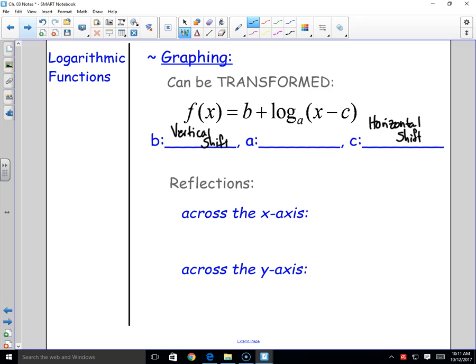A is the base. As the base increases, what was going on as the base increased for exponential? Do you remember? When it changed from like 2 to the x to 5 to the x to 10 to the x, what would happen to that curve? You get steeper. Right, because 2 to the 10 is a lot smaller than 5 to the 10, a lot smaller than 10 to the 10.